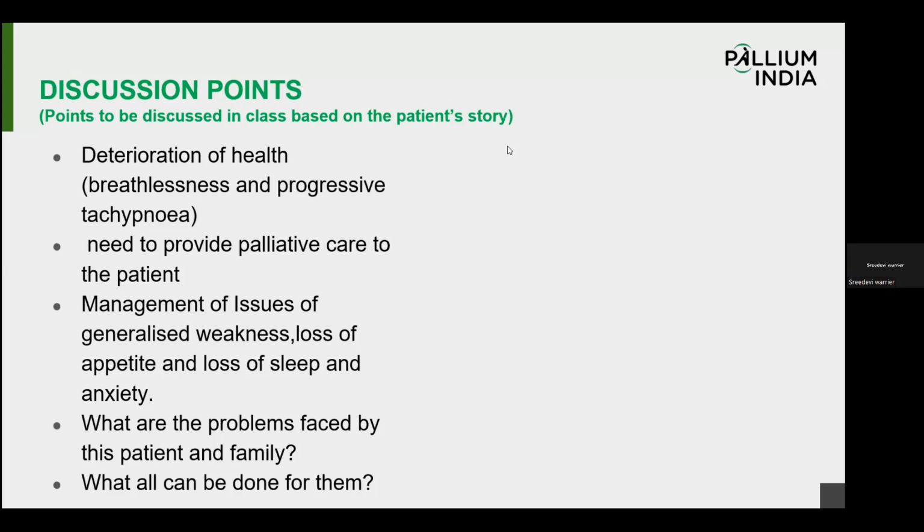But yes, morphine has a definite role in management of breathlessness, a big role actually in a palliative care setting. So what about sitting down and asking the patient about the loss of sleep and anxiety and the weakness part? I think that is where we can start.